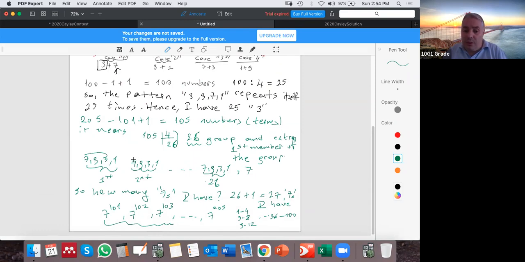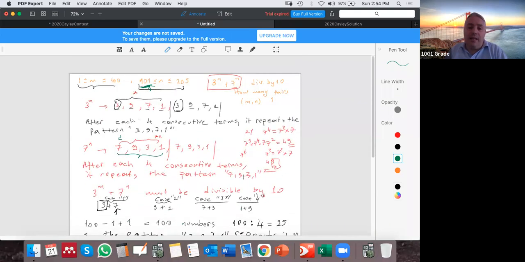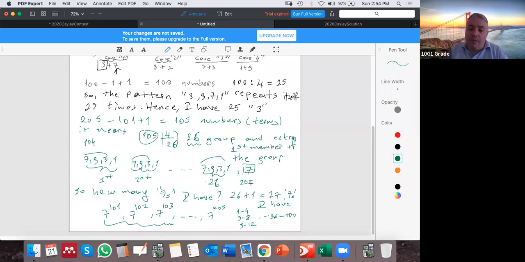This is the first group, this is the second group, this is the 26th group. So 26 groups make 104, but I have 105 terms. So after the 26 groups, since it's a cycle, like a rounding, the 205th term is 7. Is it okay?